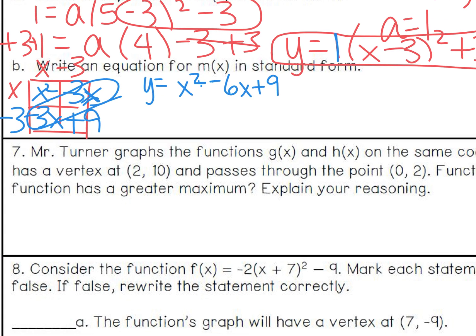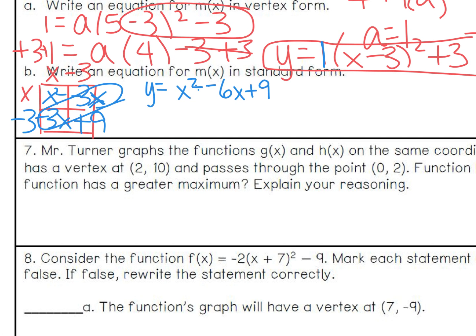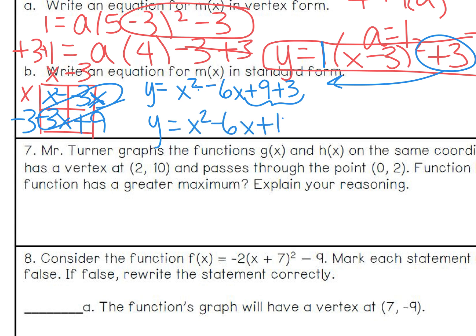But don't forget this plus 3. And then you're just going to collect like terms. X squared minus 6x plus 12. And again, when you graph both of those, they should overlap.